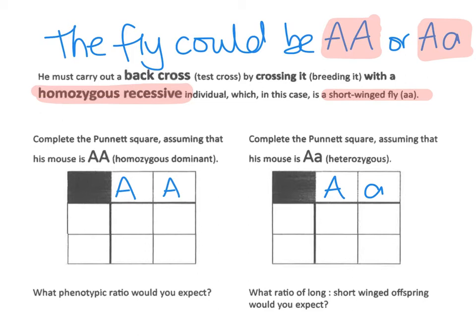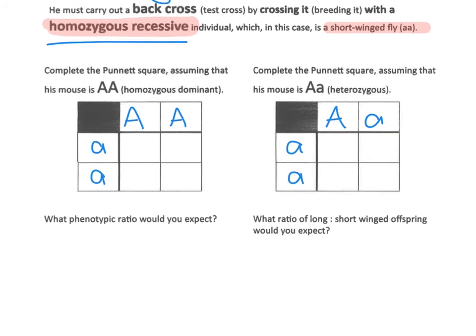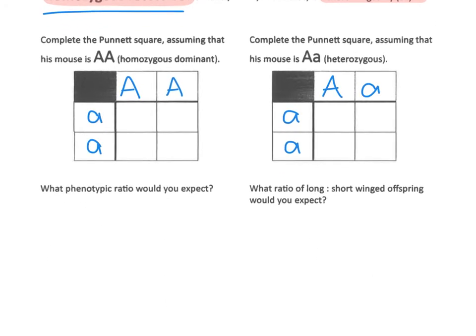And we're going to cross both of them with the homozygous recessive, which is little a, little a. Okay, so pause the video, work out what goes in there, and work out the phenotypic ratio, so how many long, how many short.